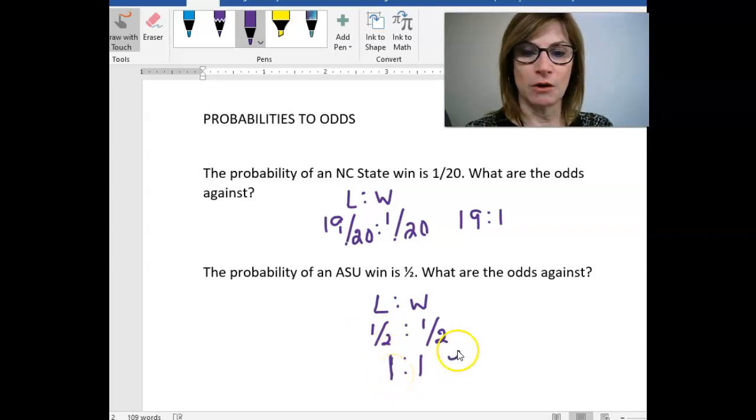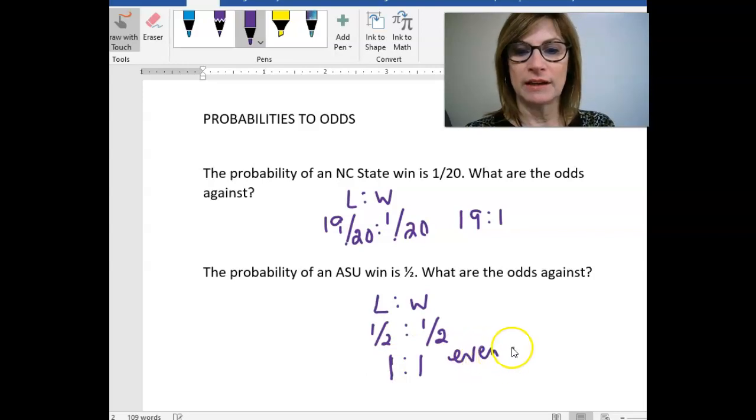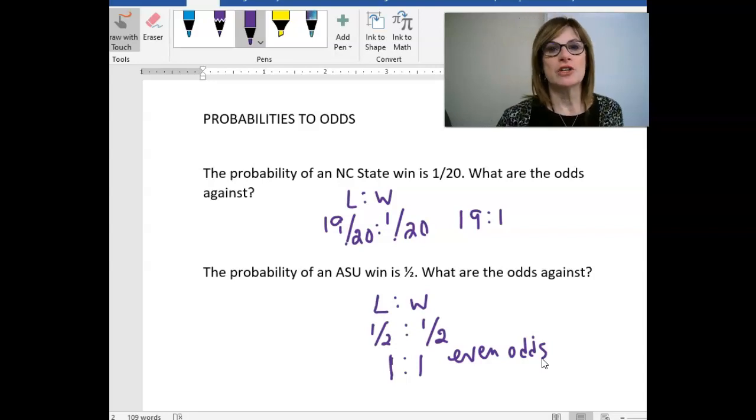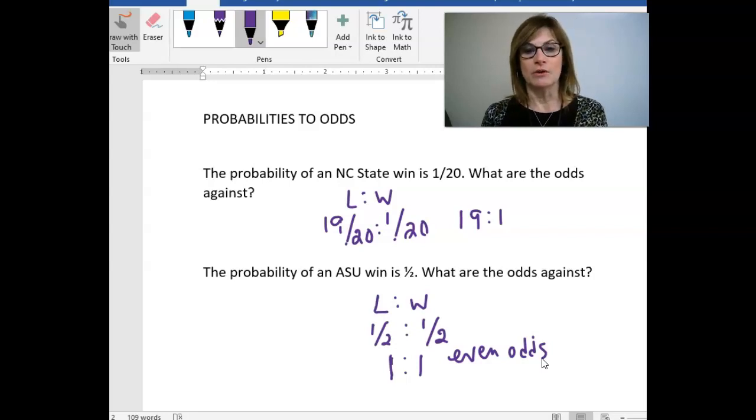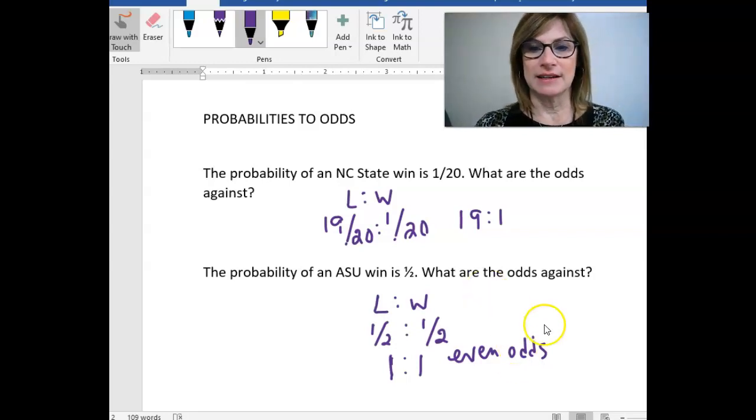That is called even odds, when you're just as likely to win as you are lose. And a lot of times people get that mixed up and they'll go, oh, if the probability is 1/2, then it's like 50-50. Well, no, the odds are 1/1, so it's not like 1/2 or 50%, it's 1/1.